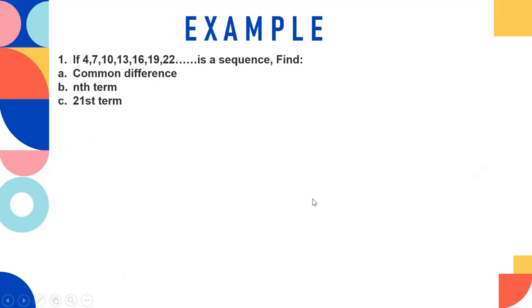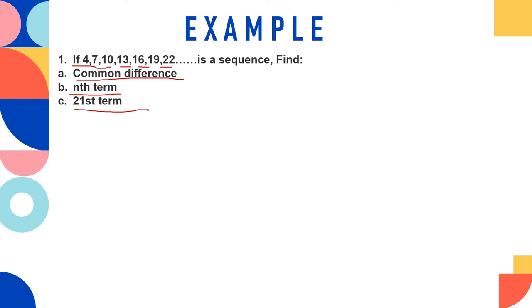Okay, now about an example of this material. If 4, 7, 10, 13, 16, 19, 22, and so on is a sequence, find A, the common difference, B, the nth term, and C, the 21st term.